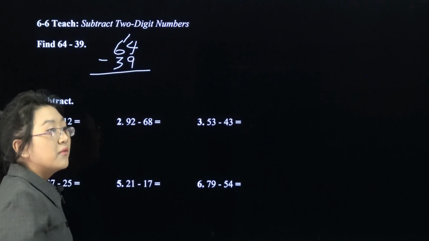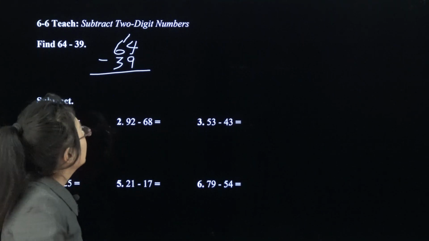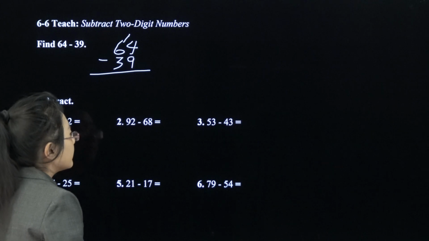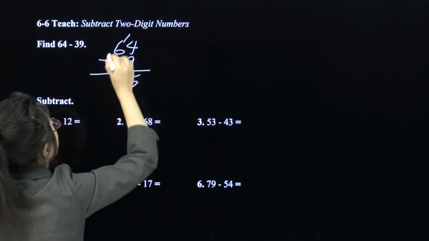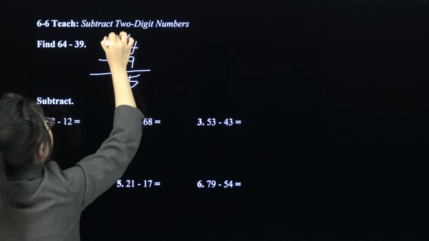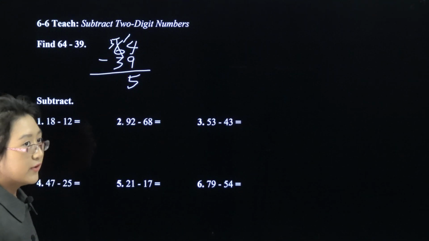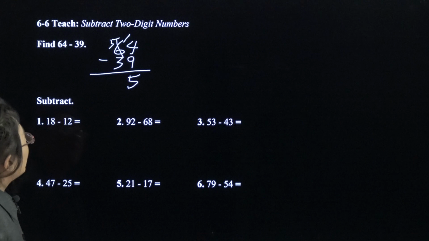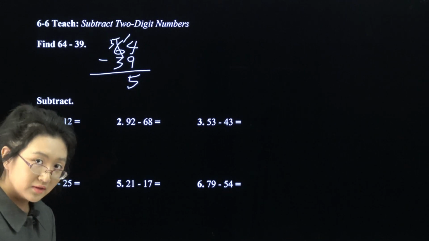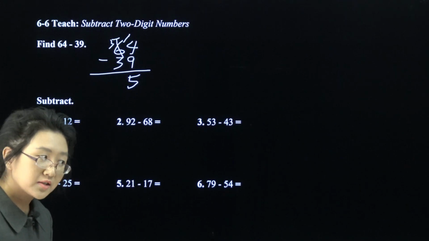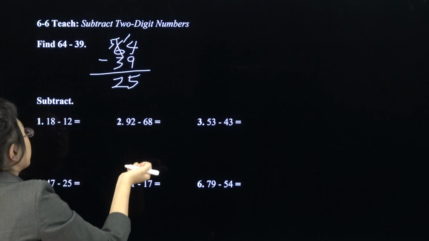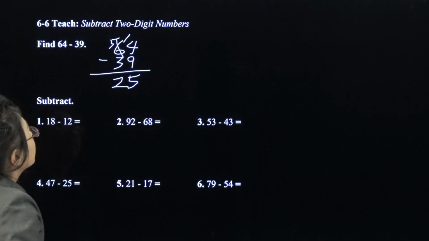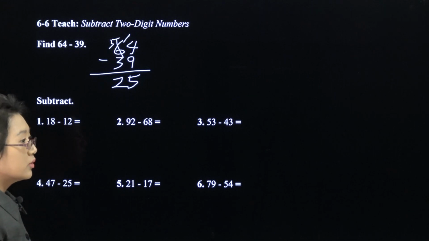And it becomes 14 minus 9, which is 5. Now since we regrouped, the 6 is now a 5. What's 5 minus 3? They're still in the tens column, so what's 5 minus 3? 2. 2 tens. We get the answer that 64 minus 39 is equal to 25.